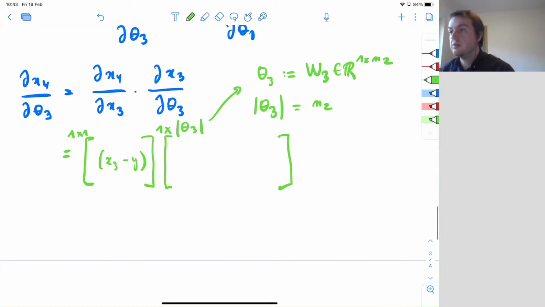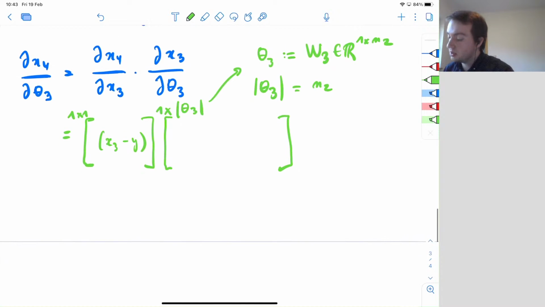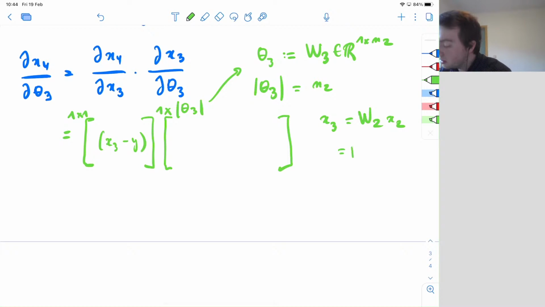Right? And then what do we have to put as values inside this Jacobian? So if you just look at what's happening, x3 was computed as this product, which in this case would be some flat vector W2 times some column vector x2.